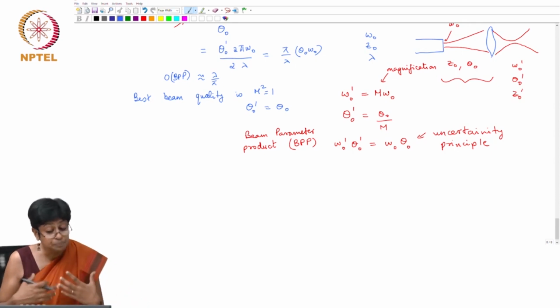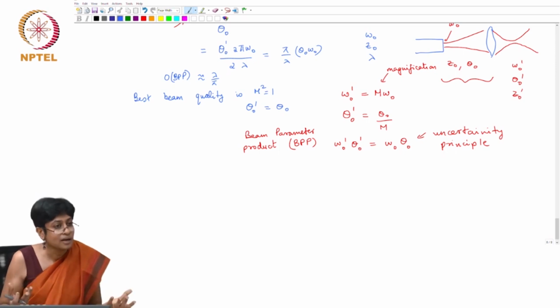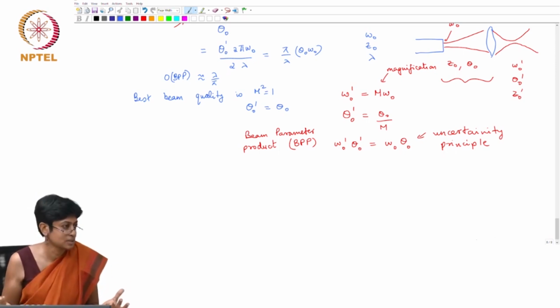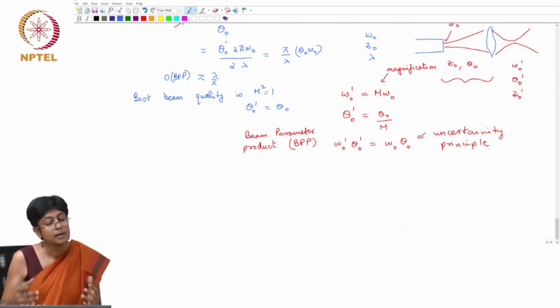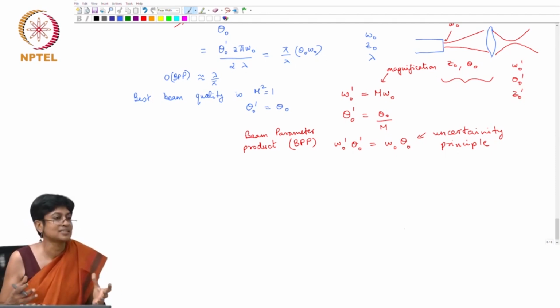So the next part that I need to really look at is how does a lens transform my Gaussian beam? How does a mirror transform my Gaussian beam? Okay, but before we go to that, I want to actually look at when I think of waves, how does any optical element transform a wave?